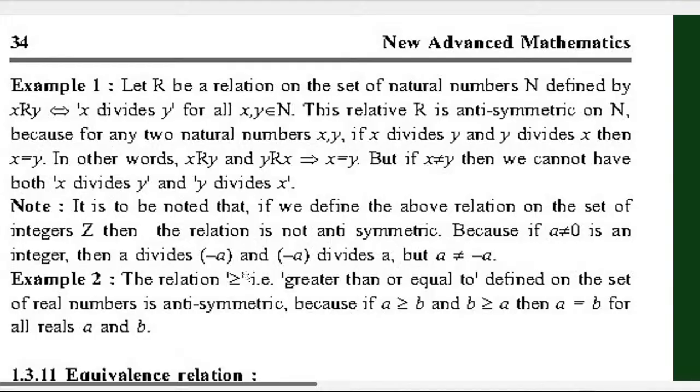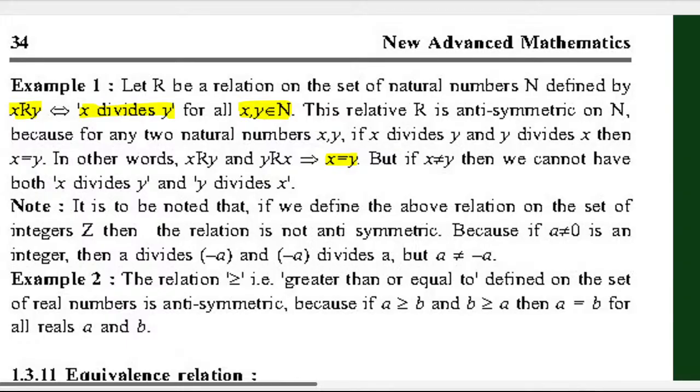Here the symmetric condition should hold, but the elements should be equal. So let R be a relation on the set of natural numbers defined by x related to y such that x divides y for all x, y belonging to n. So x will divide y.